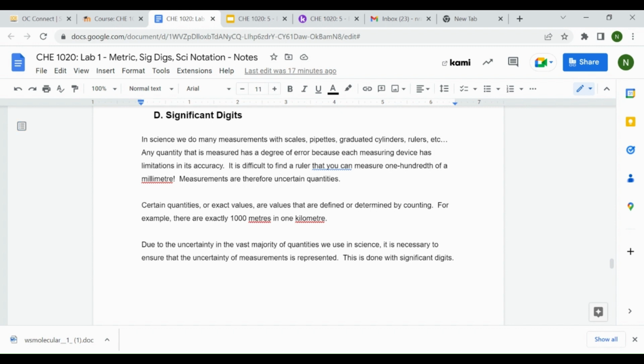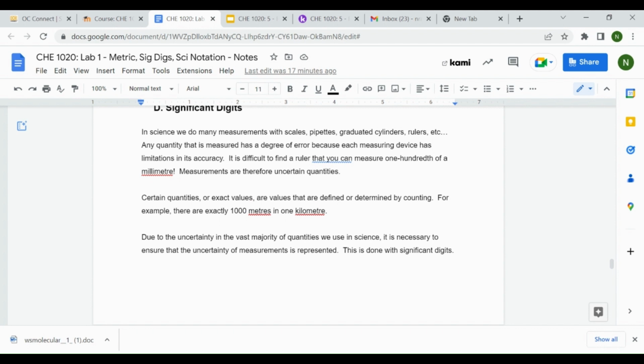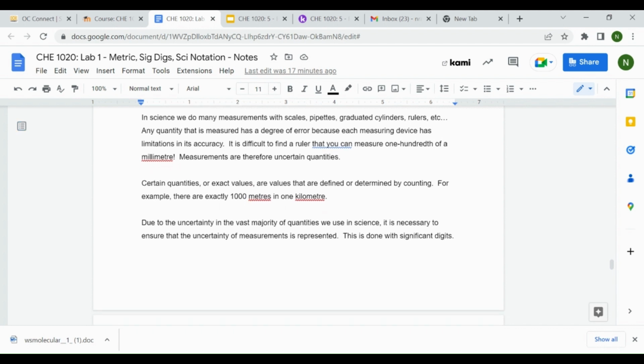Because there are no other marks on that meter stick, you don't really know how many centimeters a particular object might be. You can only round it to the nearest number of meters. So significant digits tell us how accurate our measurement is.